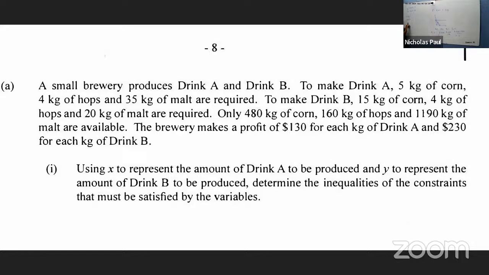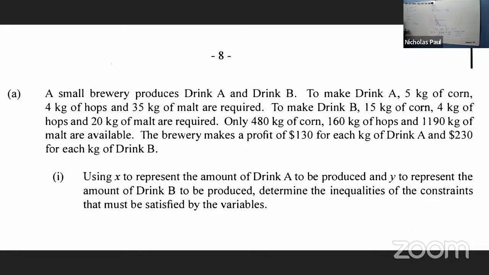Pay attention to SI units as well over here. Sometimes they just mix it up. A is 5 kilograms and B is 15 kilograms of corn. Based on the info, that's corn, right? So it's 5x plus 15y is less than or equal to 480.